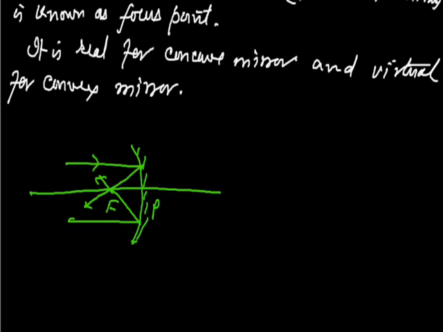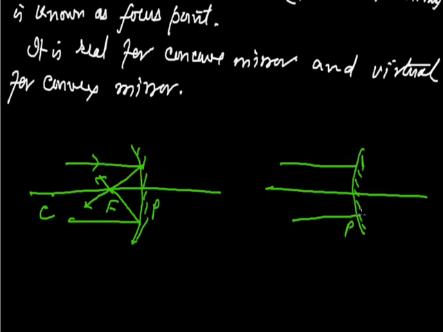Then in case of convex, this one is convex mirror, this principal axis, this pole, rays parallel to principal axis. After reflection they will diverge. We extend in backward direction. They appear to meet at this point. This point is known as focus point, is virtual.